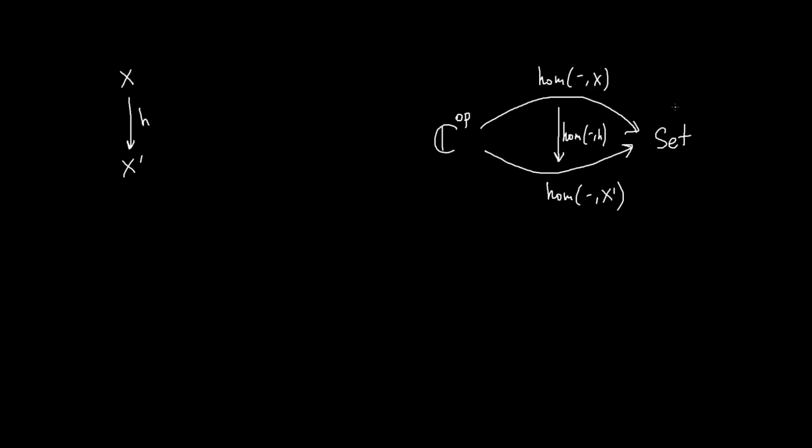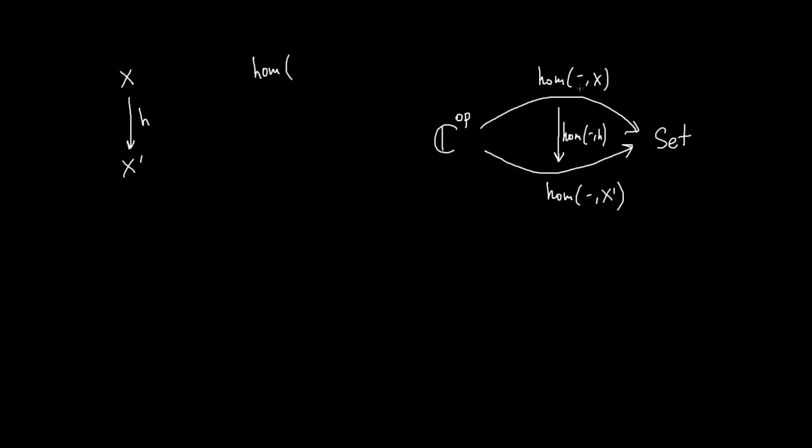So let's remind ourselves what a natural transformation should do. When you have two functors, a natural transformation should be a passage from the values of one functor to the other, right? So for every object C, I will need a passage from every value of the functor.